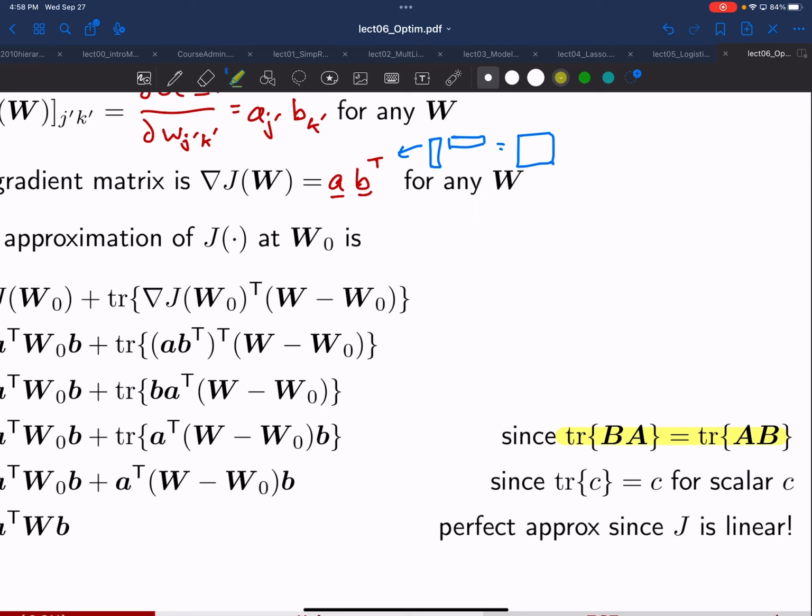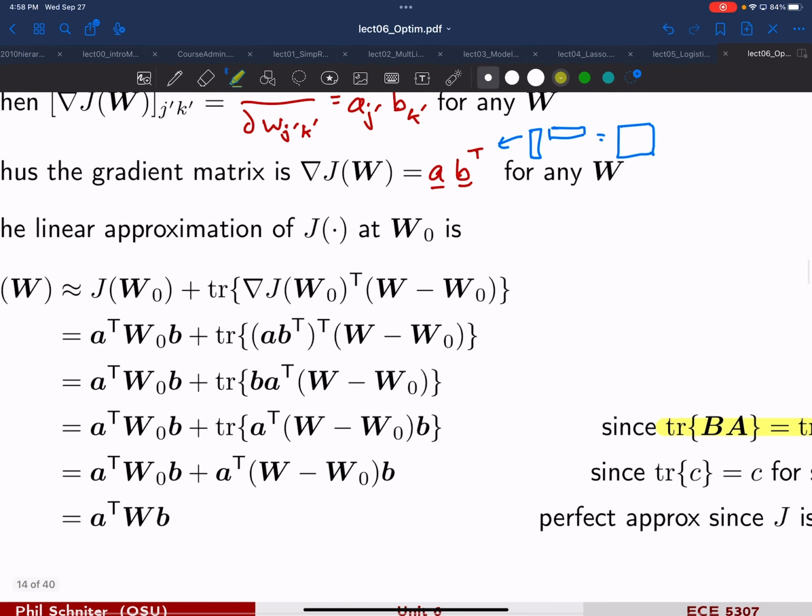So trace of B times A is the trace of A times B. And so what that allows us to do is think of the second thing here and the first thing here, and I can swap the order of those. And so now I put this B second and everything else first, and the traces of those two things are identical.